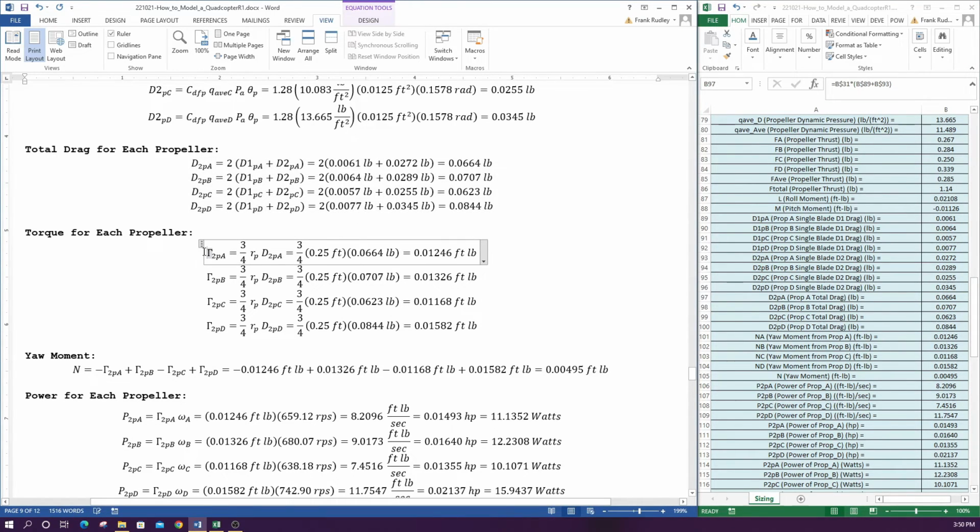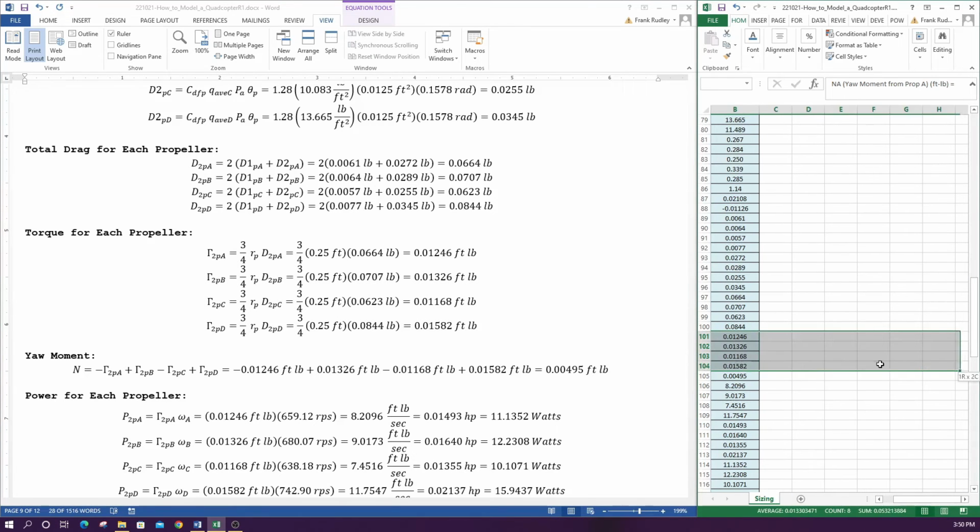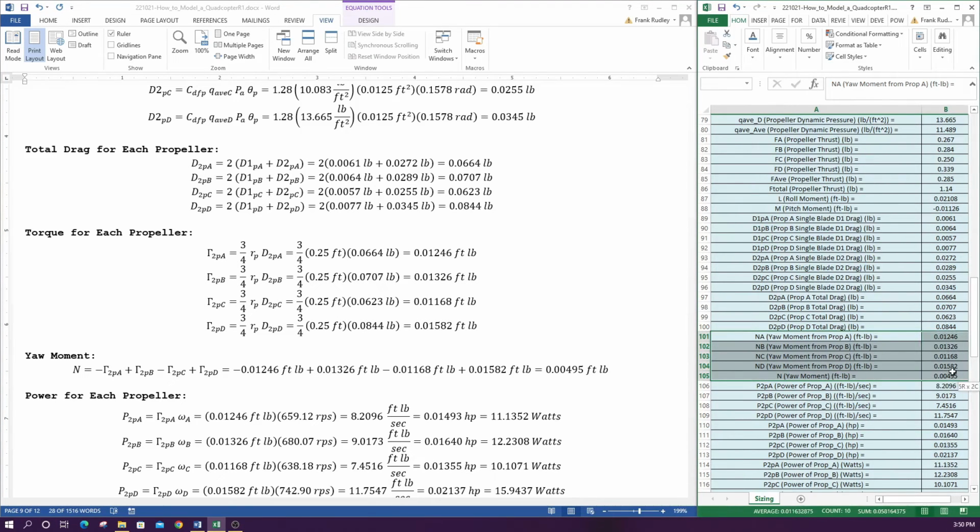Then we can get the total torque. The total torque on each propeller is over here. Here it's shown as yaw moment, but it's torque over here. So we get 0.01246, 0.0326, 0.01168, 0.01582 foot-pounds are the units.